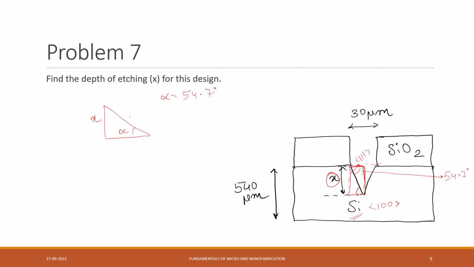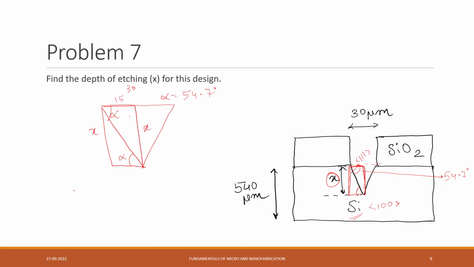If we zoom it this way, we will have this rectangle cutting like this, alpha, and x is given this, so you can tell this is also x. And the whole thing is 30, so essentially this is 15.